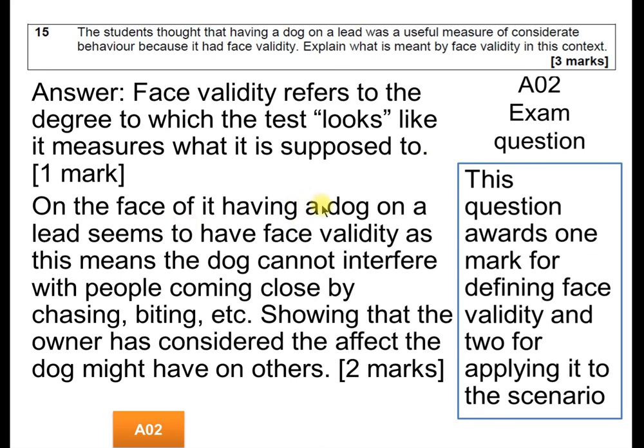On the face of it, having a dog on a lead seems to have face validity, as this means the dog cannot interfere with people coming close by, chasing, biting, etc. 1 mark. This shows that the owner has considered the effects the dog might have on others. You could expand this a little bit, but for a 3 marker, that's the sort of question. So you've got 1 mark for AO1 and 2 marks essentially for AO2. You're applying it.